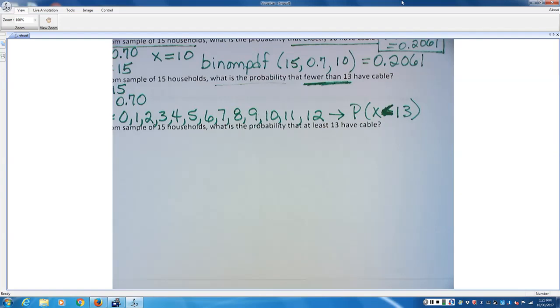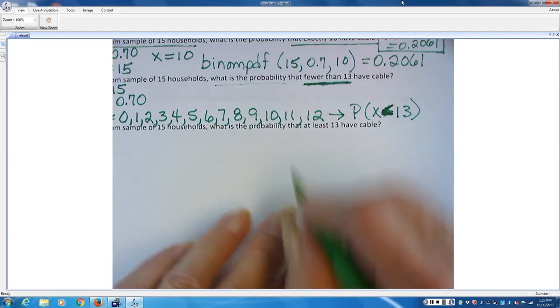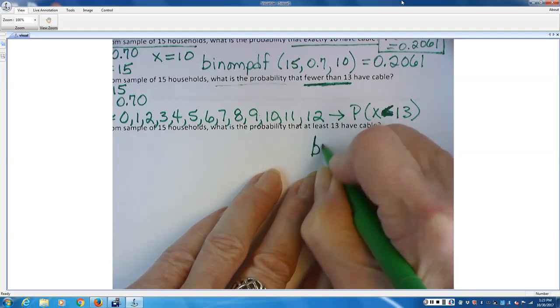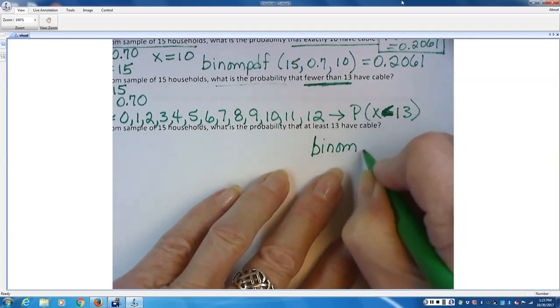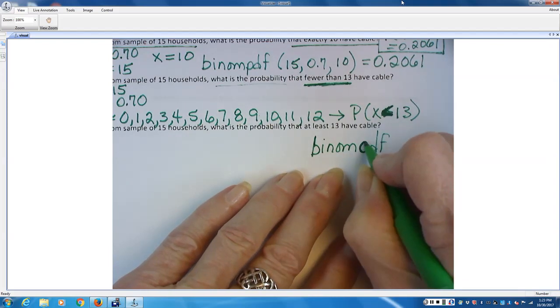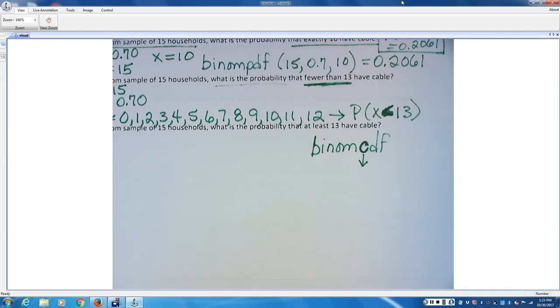Okay? So, fortunately, your calculator's pretty smart, but it's going to depend on how smart you are about telling it what you want it to do. So what I want to explain to you is what this command does. This is binomial CDF, not PDF.